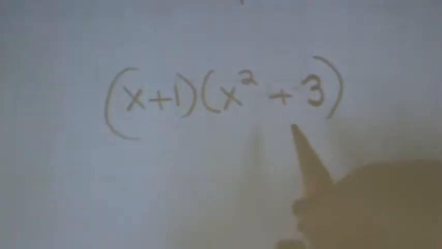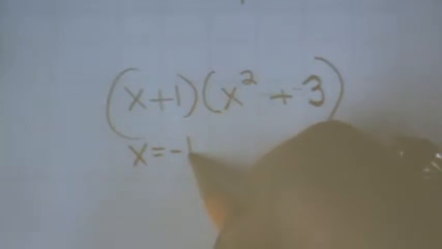Now what if I give you this problem? x plus 1, and then x squared plus 3. I should just write plus, sorry. So what do I do here? I set x plus 1 equal to 0, and this is negative 1, everyone okay with that?